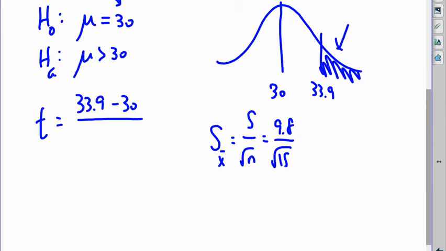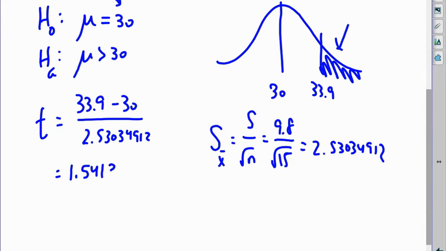Square root of 15, and so that gives us a value of 2.53034912. I've got a t-statistic of 1.5413.